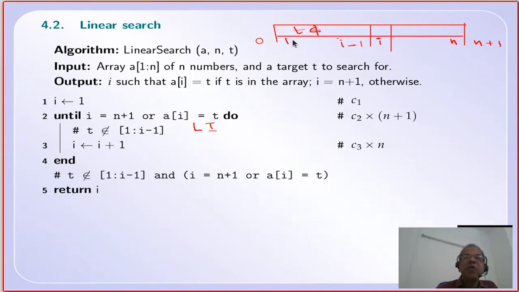So, T is not in 1 to 0. After one iteration, T is not in 1 to 1. After that, T is not in 1 to 2. After that, T is not in 1 to 3 and so on. The one extreme case, T is not in 1 to N. The termination condition has two sub-conditions.